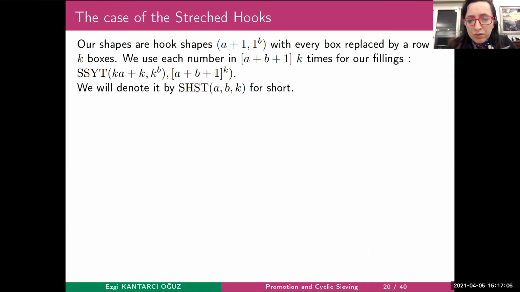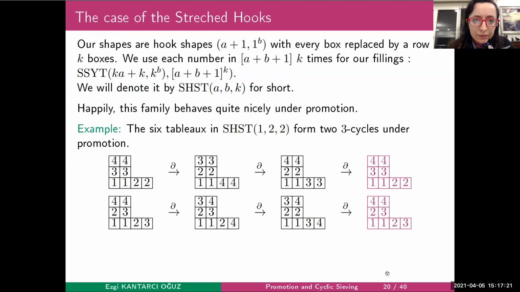In stretched hooks, we just take a hook shape, which was one of the few examples so far where we had some cyclic sieving, and then we stretch it horizontally. So we replace every box with a row of K boxes. And we'll use a special notation for that for simplicity.